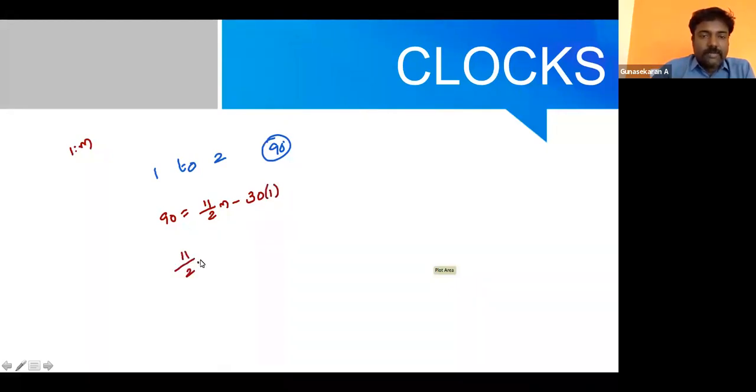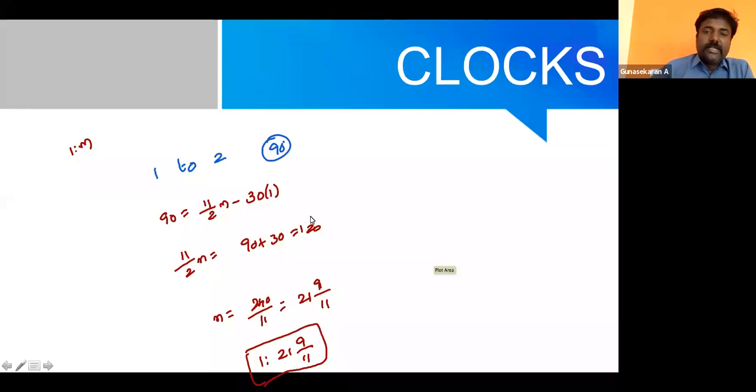So 11 by 2m is equivalent to 90 plus 30, 120. Exact timing. You will find the exact timing now. 240 by 11. So 2 11s are 22, remaining 20, 1, 9 by 11. So exact time is 1:21 9 by 11. At that time, the angle between a minute hand and hour hand is 90-degree.